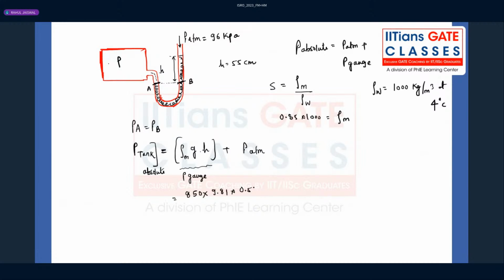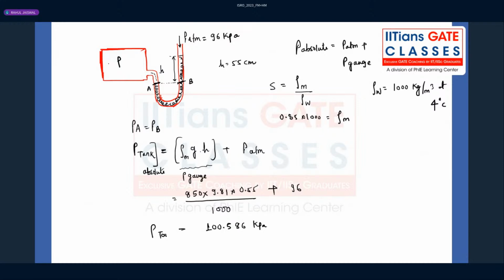Height is 0.55 meter. This plus 96 kilopascal. If I convert this into kilopascal, I need to divide by 1000. So 850 into 9.81 into 0.55 divided by 1000 plus 96, you will get 100.586 kilopascal.